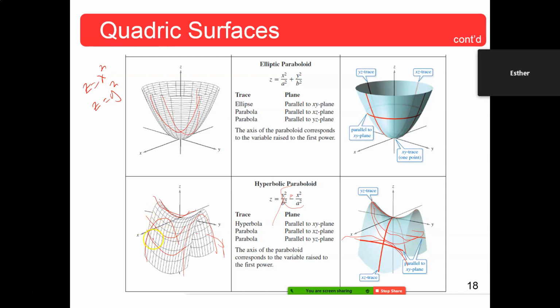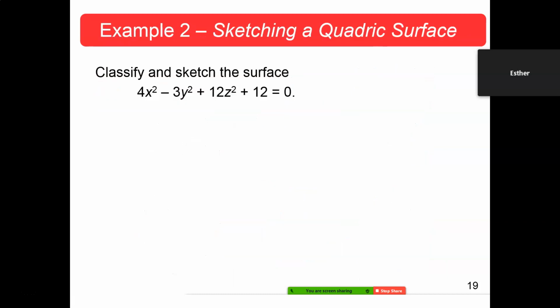When you do these parallel to the XY plane, it just really doesn't show them well at all here, but this one shows it best. This curves out this way, this curves back that way, so those are hyperbolas in the XY plane. That's this plane here, and they're parabolas on either of the other two, this way or this way. Okay, and I think that's beat them to death.